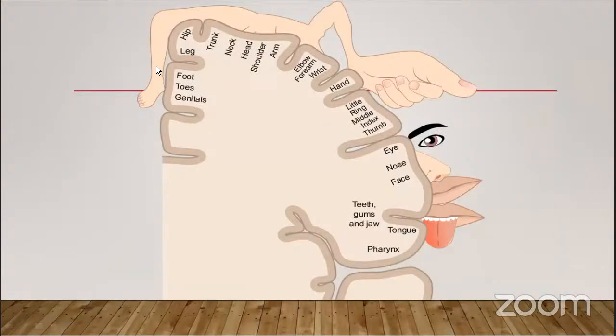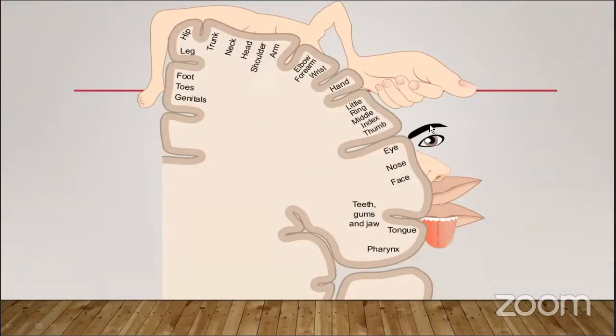This is the anatomical representation of a complete man on the lateral surface of the hemisphere. In Latin, the little man is named homunculus. The word homunculus means simply a little man that is running all over the surface of the hemisphere. This is the primary motor cortex where the somatotopic representation of the entire body is located.